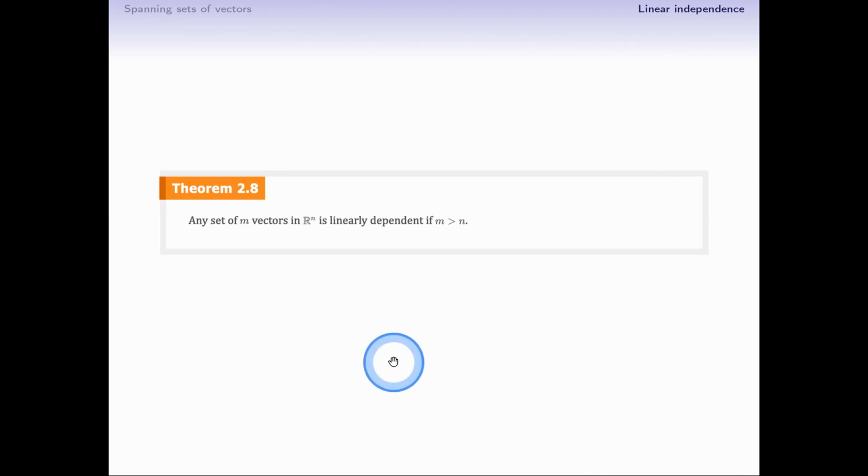Now, in order to wrap our heads around this, in order to kind of understand what this is saying, let's look at some cases. For instance, this theorem is saying any set of 3 vectors in R2 is linearly dependent. Any set of 5 vectors in R3 is linearly dependent. Any set of 10 vectors in R7 is linearly dependent.